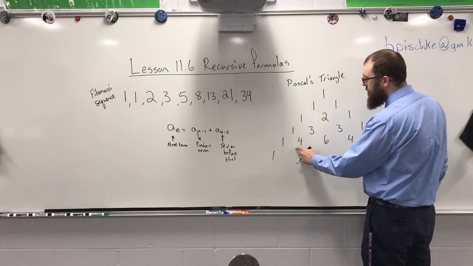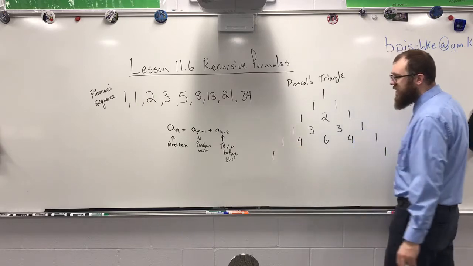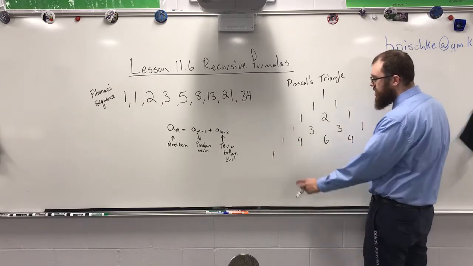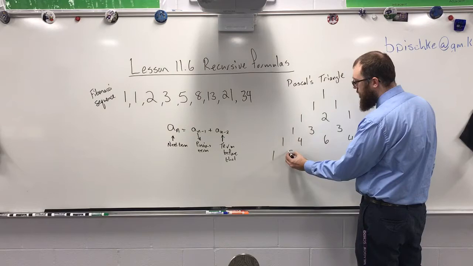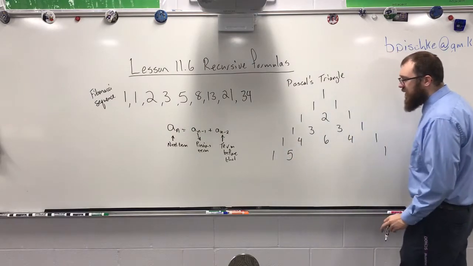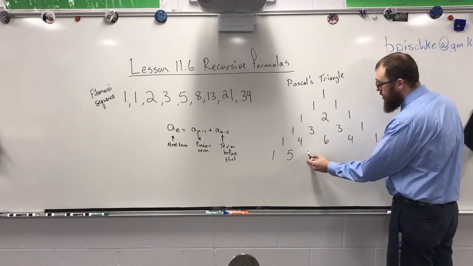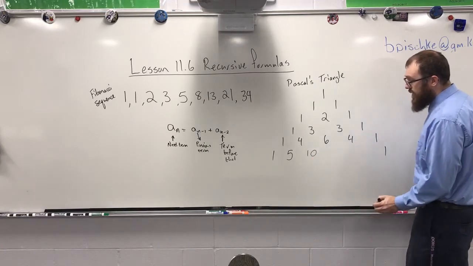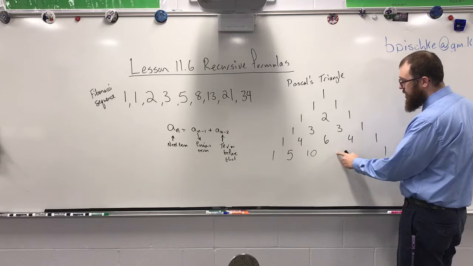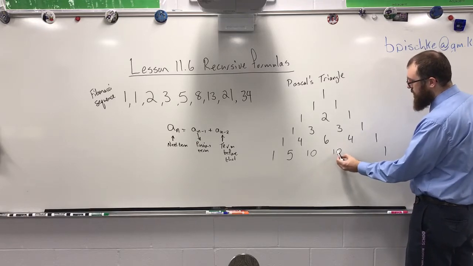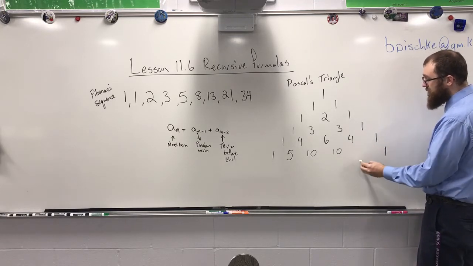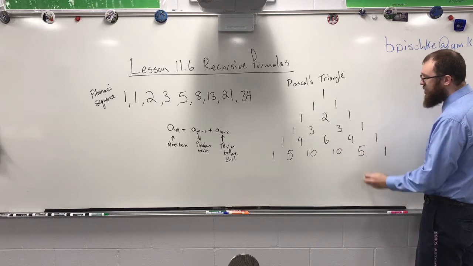In the middle of these two terms, I will have the sum of those terms. So 1 plus 4 is 5. 4 plus 6 is 10. In the middle of the next two terms, I'll have the sum, which is 10. And the next, the sum, which is 5.